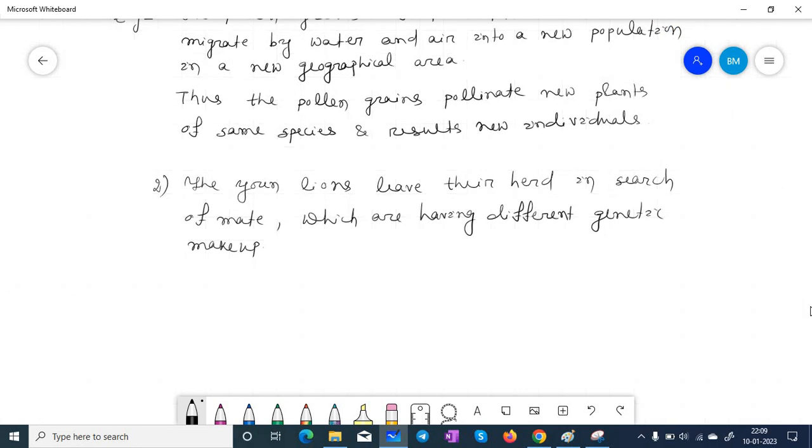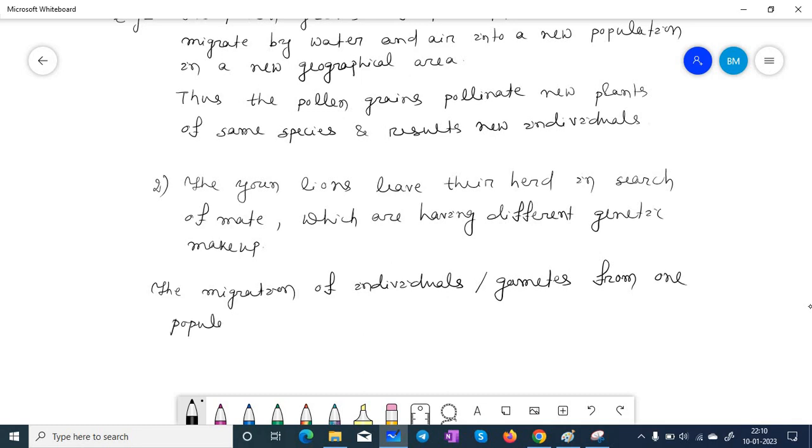The migration of individuals or gametes from one population to another incorporates new genes.